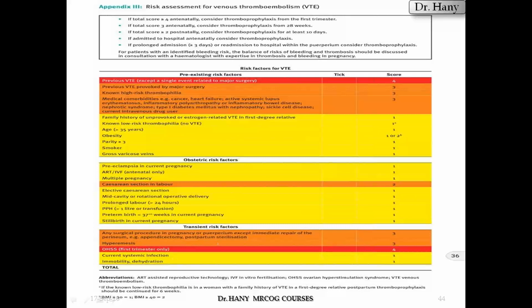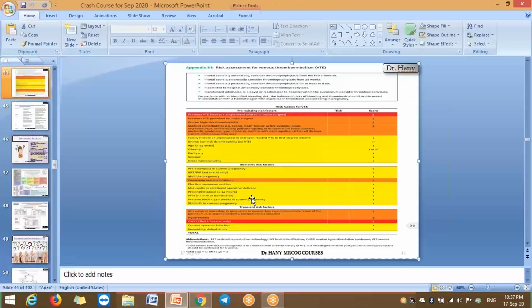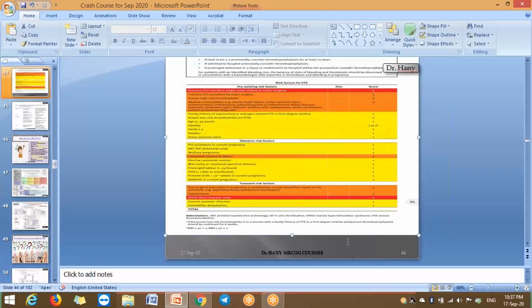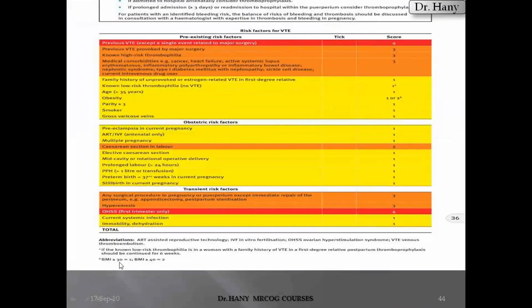It is at the bottom of this chart, the very last line. This is postpartum. Take care, I told you. In the postnatal, 30 or more scores 1 and 40 or more scores 2. I told you this in the assessment. In the antenatal, more than 30, my dear.